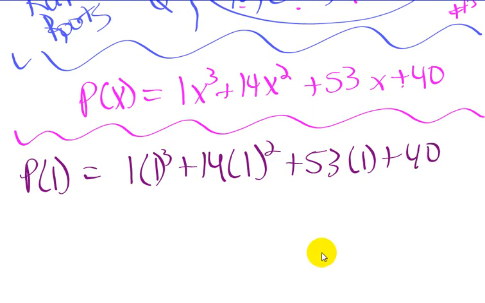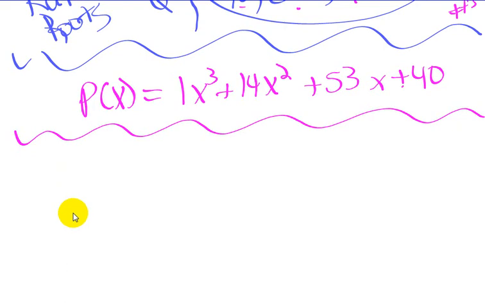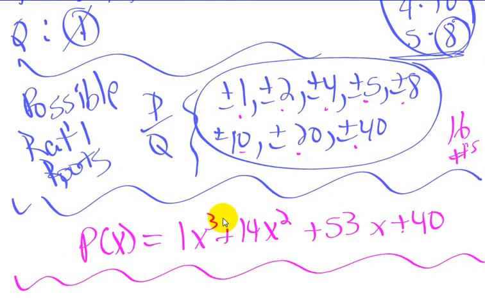Well, I can see right away this is not going to equal 0 because we've got a 1 times a 1. 1 cubed is 1, so this is going to be 1. 1 squared is 1 times 14 is 14, so we've got 1 and 14, that's 15, and this is going to be a positive number, and that's a positive number, so it's just going to get bigger and bigger. So p of 1 is not a 0 of our equation. So that does not check out. So you might want to do something to keep a little tally. So I would just circle it and say no.